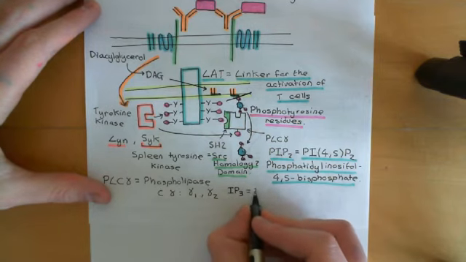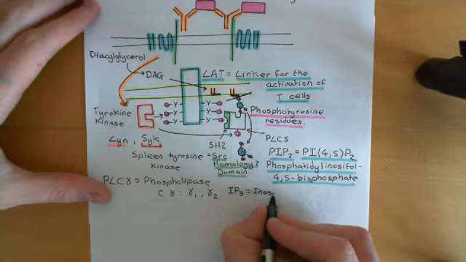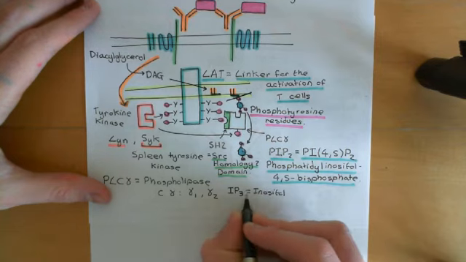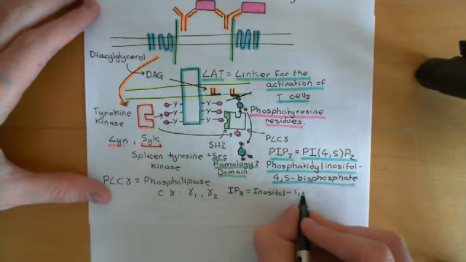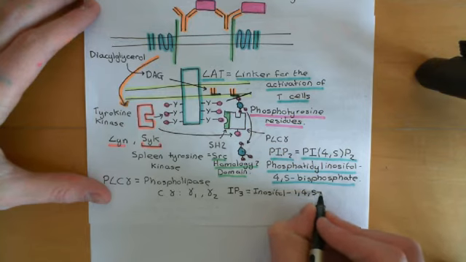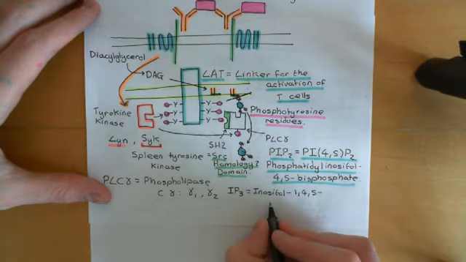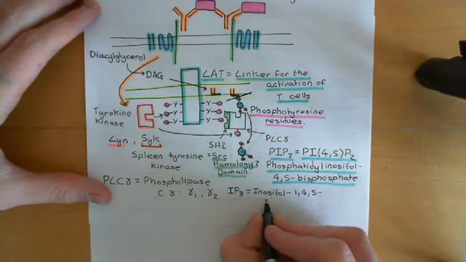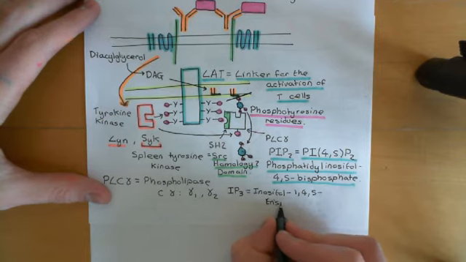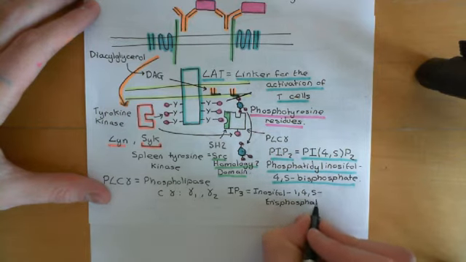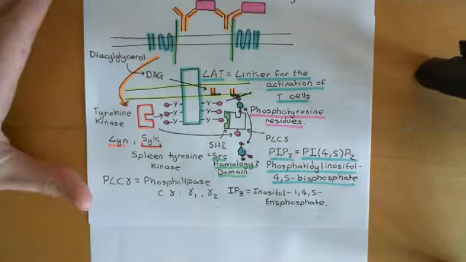The I is for inositol, and the P is for phosphate, and because you've got 3 phosphates coming off the 1st, the 4th, and the 5th carbons' alcohol groups of the inositol ring, it's called IP3. So, inositol 1,4,5-trisphosphate. Right, so those are the 2 products that you get.